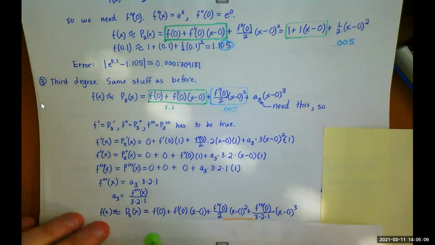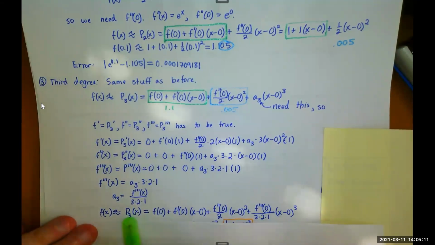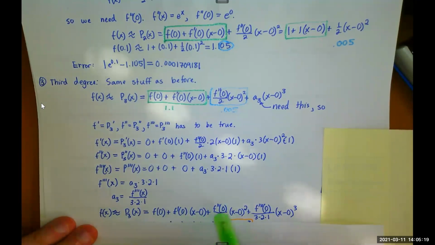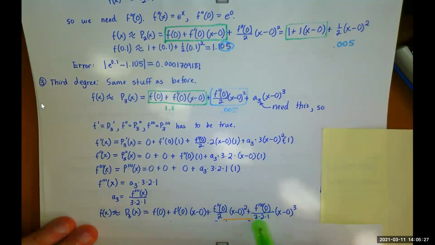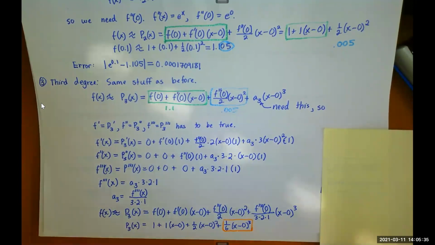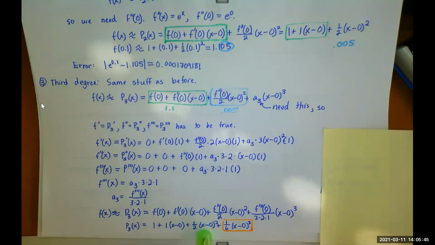So our cubic polynomial, our third degree tangent, that's approximately f of x, is f of 0 plus f prime of 0 times the quantity of x minus 0 plus f double prime of 0 divided by 2 times the quantity of x minus 0 squared plus f triple prime of 0 divided by 3 times 2 times 1 times the quantity of x minus 0 cubed, which, substituting in the values, we have f of 0, f prime of 0 times x minus 0, that's the tangent line again, plus 1/2 times the quantity of x minus 0 squared.